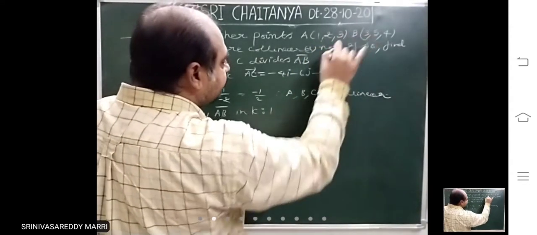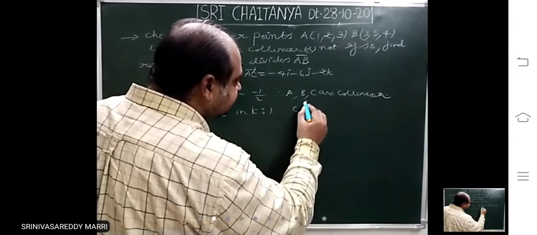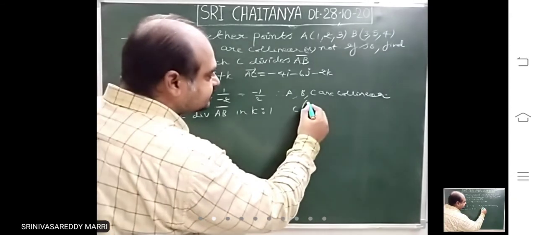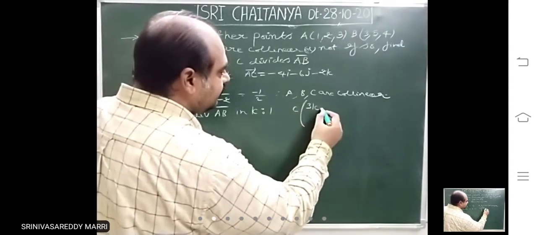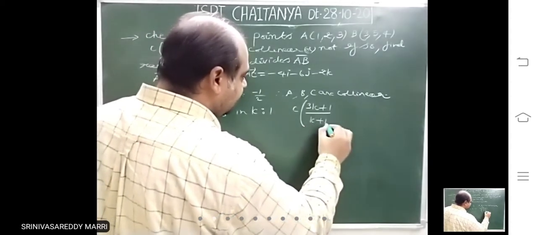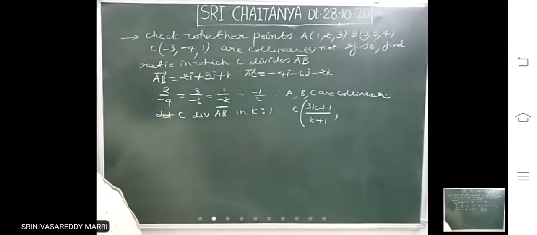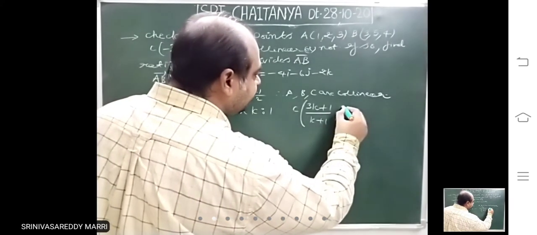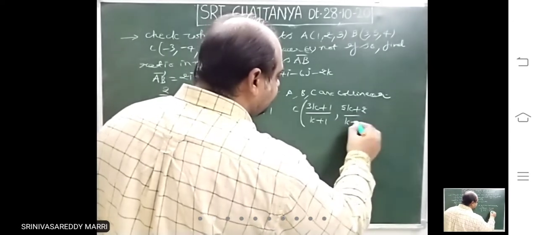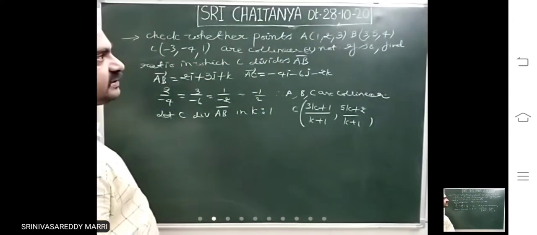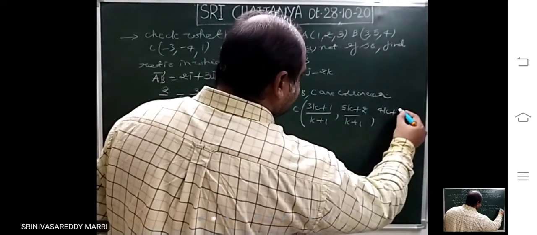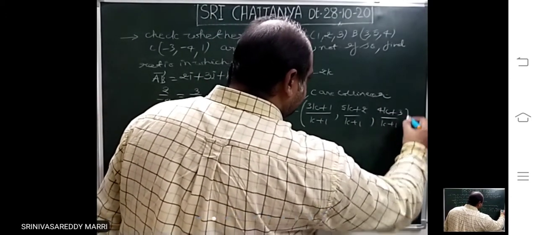That means you can write the point which divides in the ratio m is to n. So x is (3k plus 1 into 1) divided by k plus 1, comma, y is (5k plus 1 into 2) divided by k plus 1, and similarly z is (4k plus 1 into 3) divided by k plus 1.